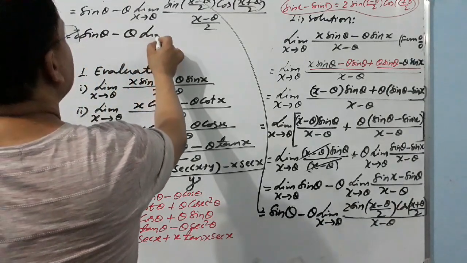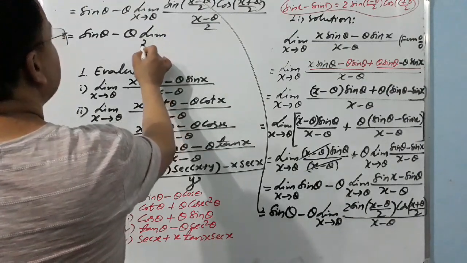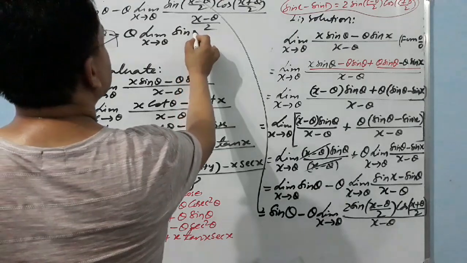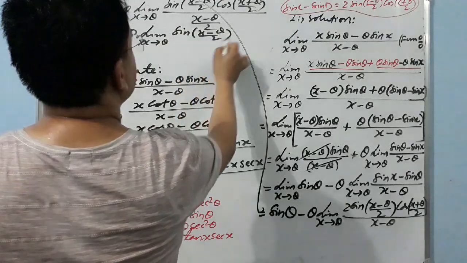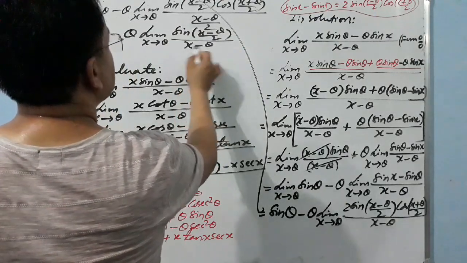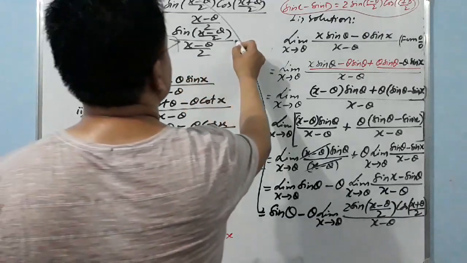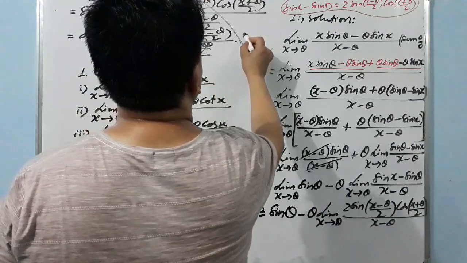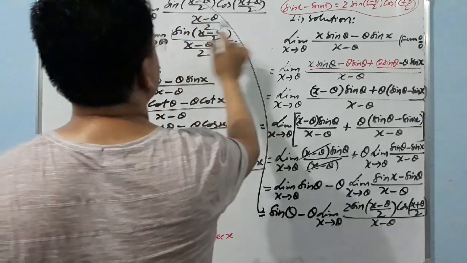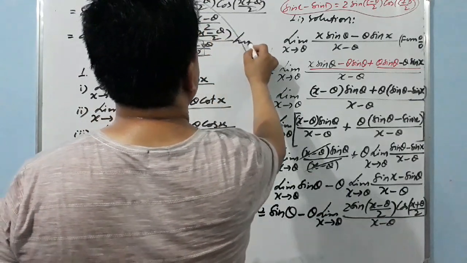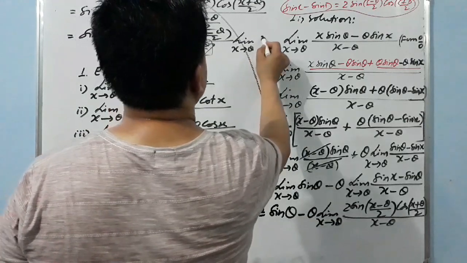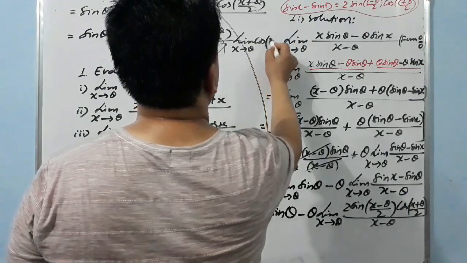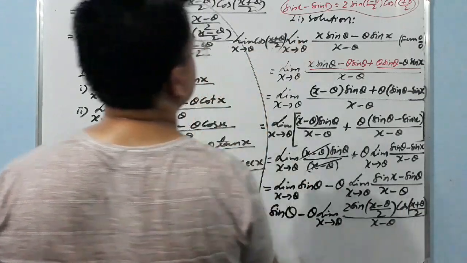Now you can write the limit separately, as x tends to theta, of sine of (x minus theta)/2 over (x minus theta)/2, times the limit as x tends to theta of cos((x plus theta)/2).